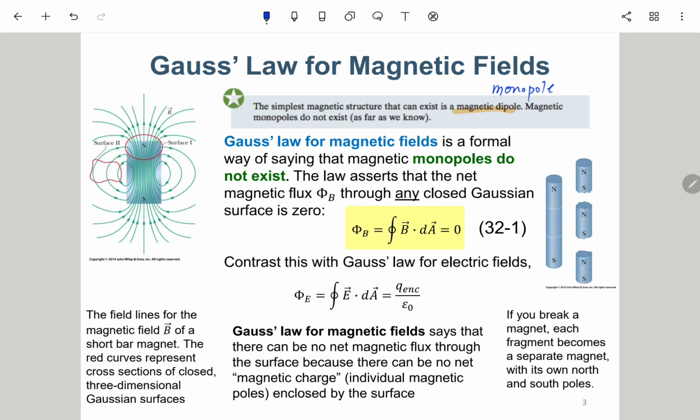For the Gauss law for the E field, we have a single charge. Of course, we also have the electric dipole, with two charges of the same amount but opposite sign close together.